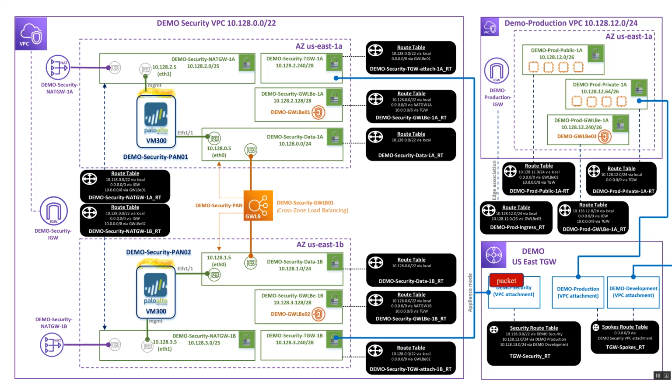We're going to land on the demo security VPC attachment. So what happens? You guessed it. We're going to consult the route table. Now we can see what's the next hop for the 10.128.13.0. Well, it's the demo development VPC attachment. So the packet pretty much goes to the demo development VPC, right?